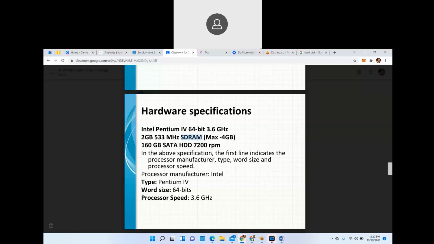So when we say 2 GB, what is this talking about? Two gigabytes of what? What do you mean by 2 gigabytes?